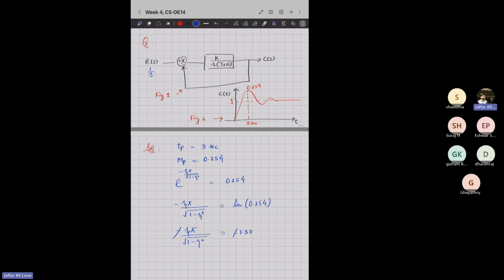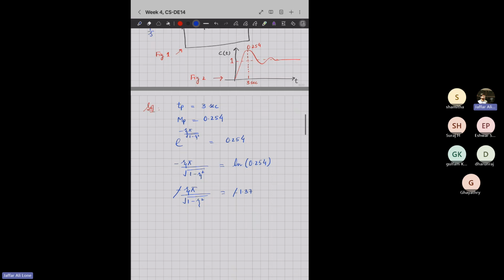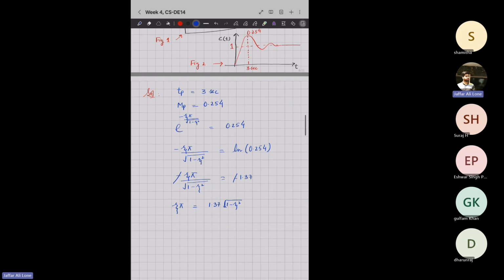Now the next step is to find the value of zeta from this expression. So zeta into pi is equal to 1.37 into square root of 1 minus zeta square. Take square on both sides. What you will get? You will get zeta square pi square is equal to 1.37 square into 1 minus zeta square.